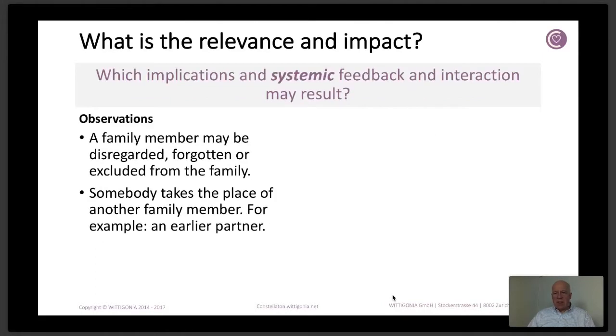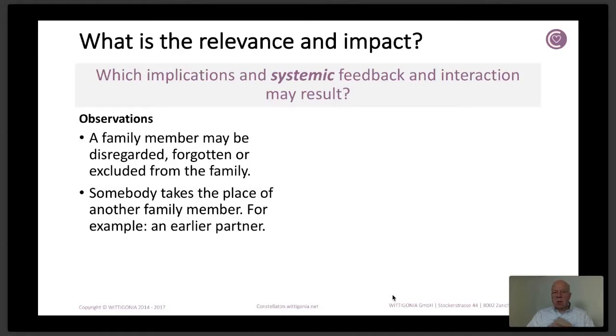And of course, we're making more and more discoveries as we are learning more through, for example, systemic family constellations about the orders and the movements in families. And that brings me to another topic here. What is actually the relevance and the impact? So which implications and systemic feedback and interaction may result from this? And I only want to mention here a couple of observations.